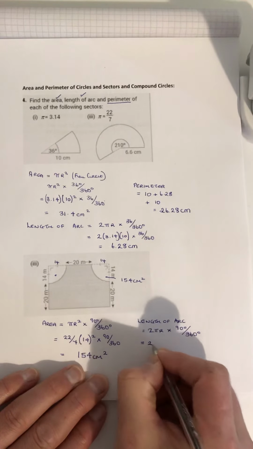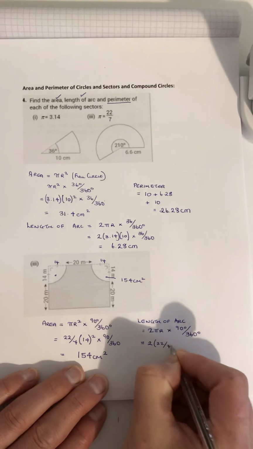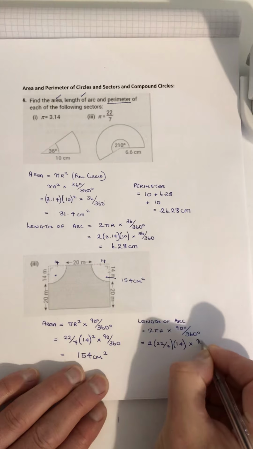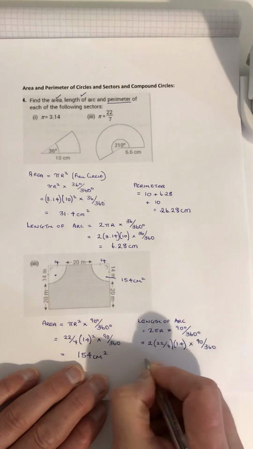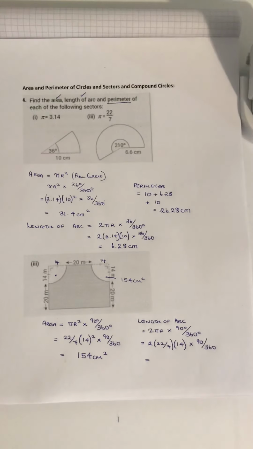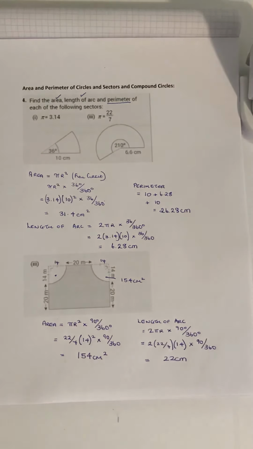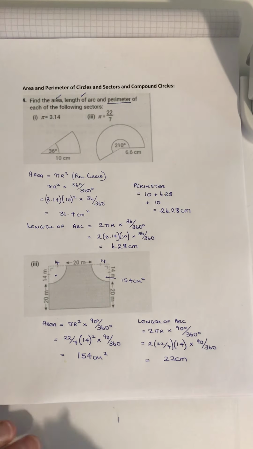So 2 times 22 over 7, the radius is 14 again, multiply by 90 over 360 on your calculator, and you get 22 centimeters. Okay, so that's 22 centimeters.